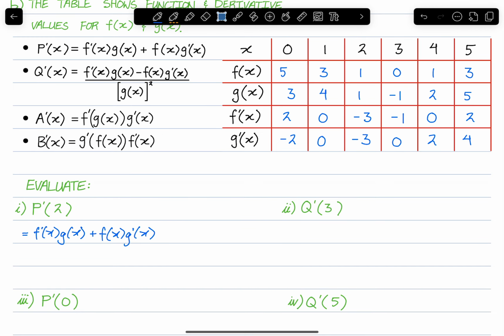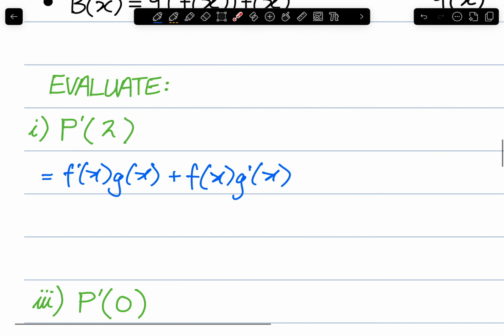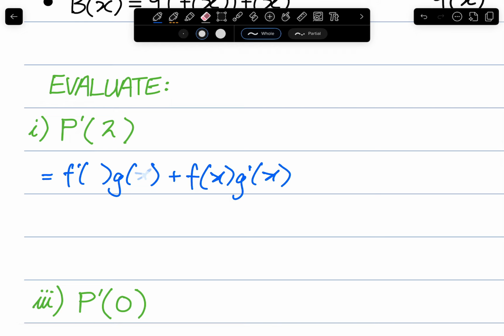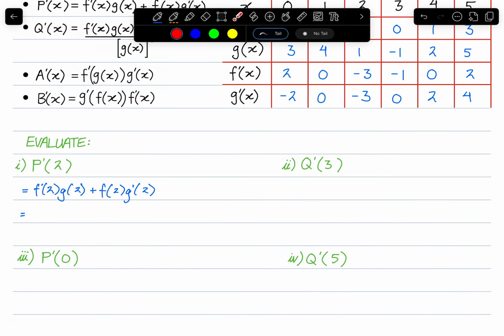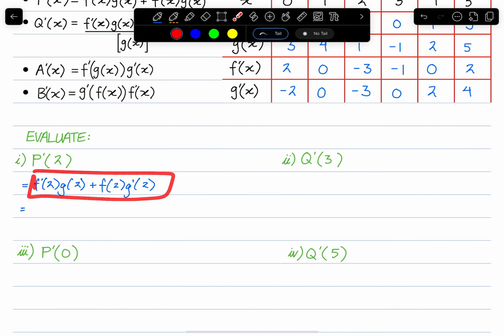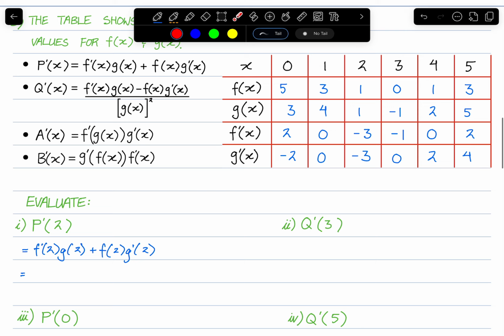And wherever x is in this expression, we are substituting it with 2. So wherever there's an x, we replace it with a 2. Well, from here, we simply find these expressions and what they're equal to in this given table of values.